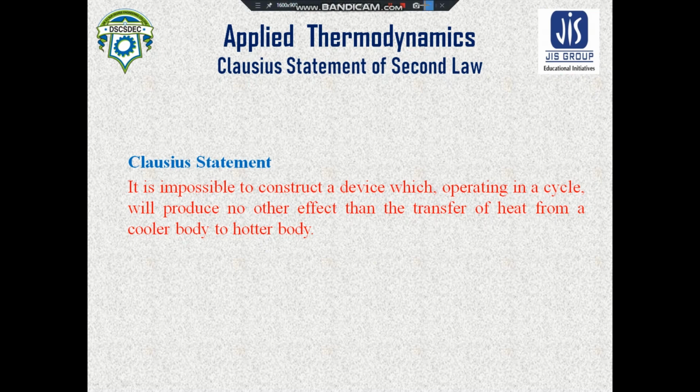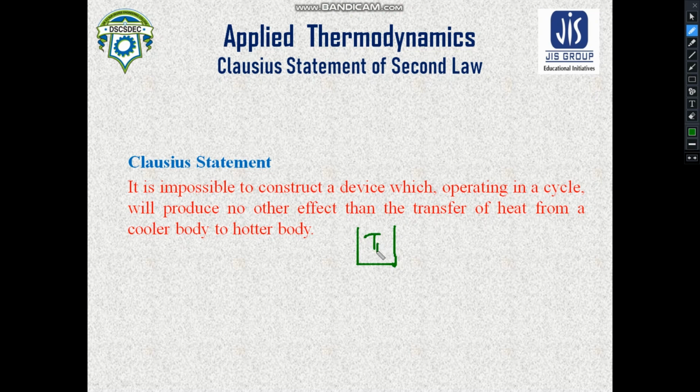That means if we try to see the diagram here, this is your source, this is the hotter body, and let us consider the heat pump. Heat pump is also a cyclic device, mind it. So here is your T2.